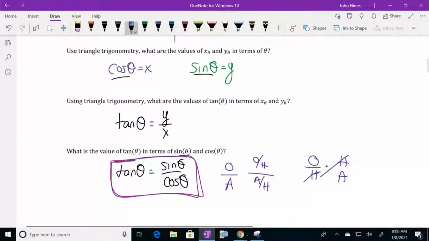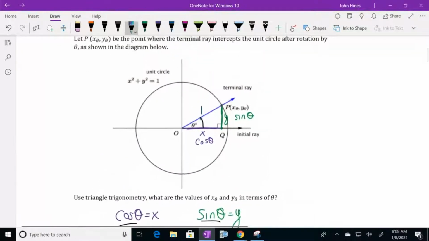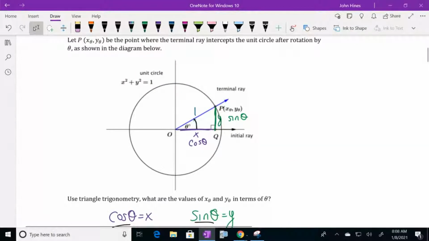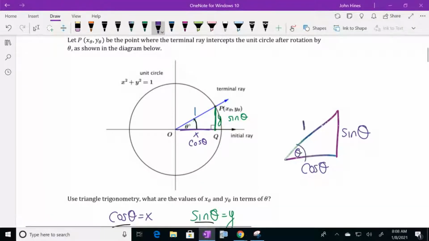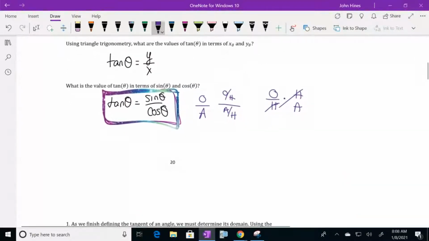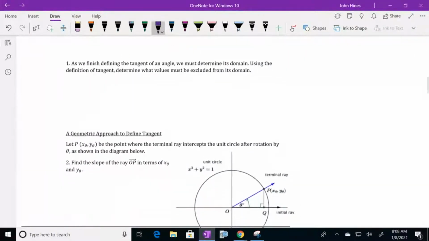And I'm going to say it a whole bunch of times, tangent equals sine over cosine. You don't really need to memorize it, because if you can draw me this unit circle triangle with cosine is horizontal, sine is vertical, you're good to go. Because you can look at this triangle and say, what's tangent? Tangent is opposite over adjacent, sine over cosine. Huge idea. We're going to use it going forward.